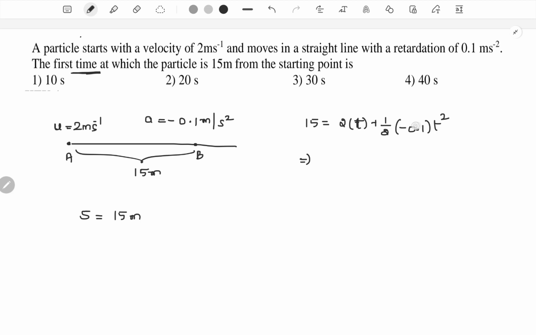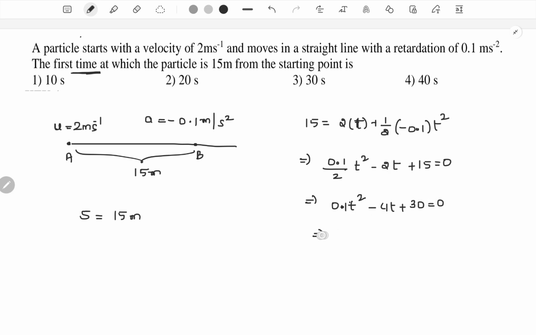If you observe properly, you get a quadratic equation. So we'll get 0.1 by 2 t square minus 2t plus 15 is equal to 0. Let me solve this quadratic equation. We would get 0.1 t square minus 4t plus 30 is equal to 0.